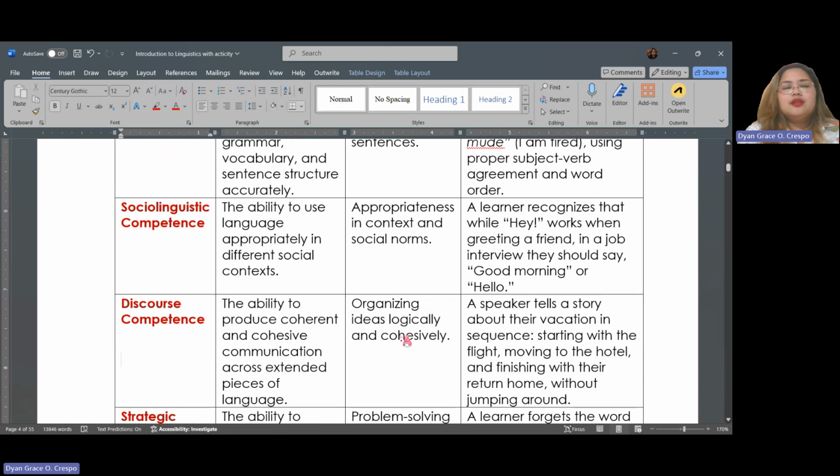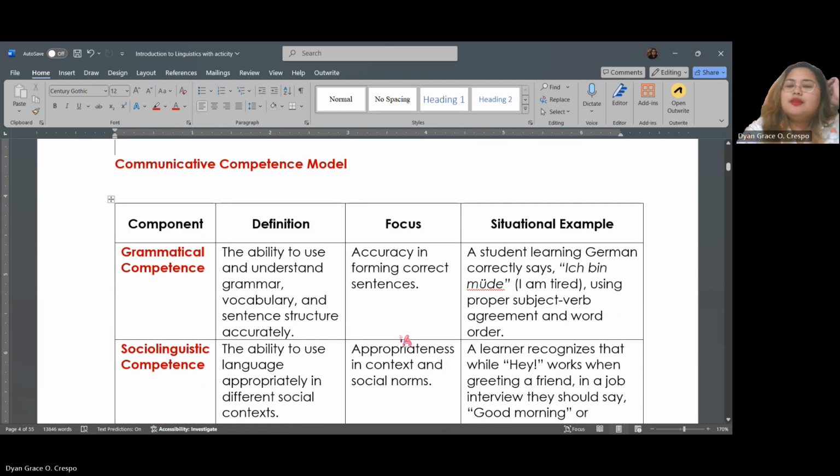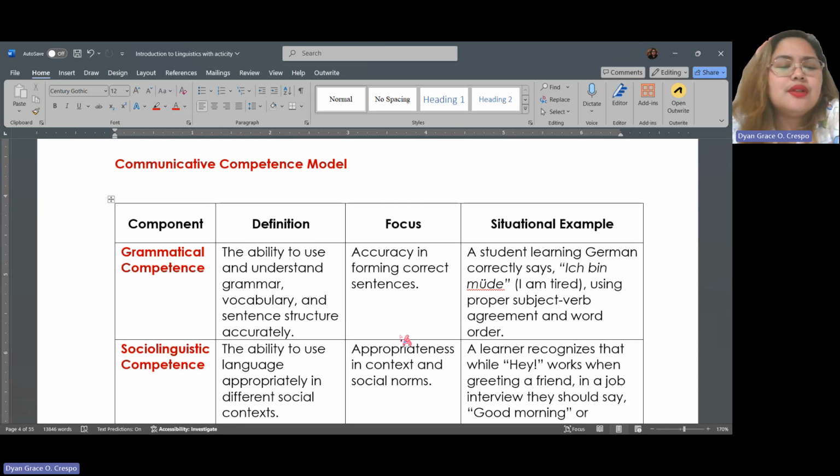Communicative competence model. So we have this model. So when we say grammatical competence, it is the ability to use and understand grammar, vocabulary, and sentence structure accurately. So this is actually one of the easiest. Easiest because when you understand the structure, that is the superficial level pa lang eh.